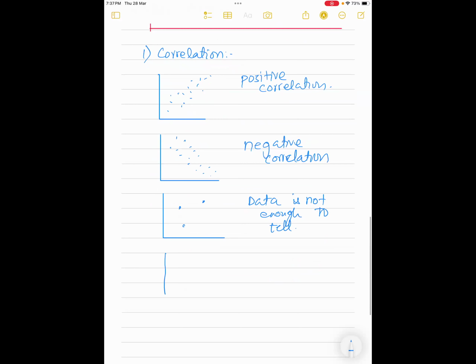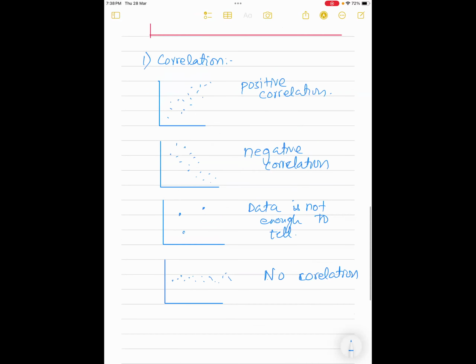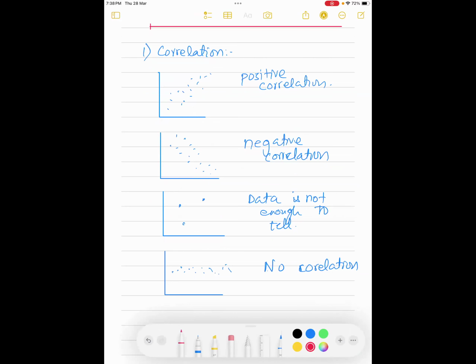For example, if values are in a straight line, you can say that it is no correlation. Agree? So beta, in this question, the examiner can ask you a few things. The first thing is to determine the relationship. If the values are going this way, it's a positive correlation. If going this way, it's negative.